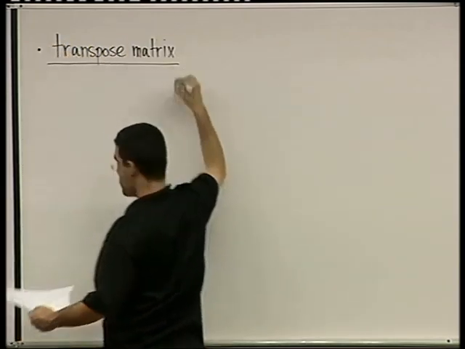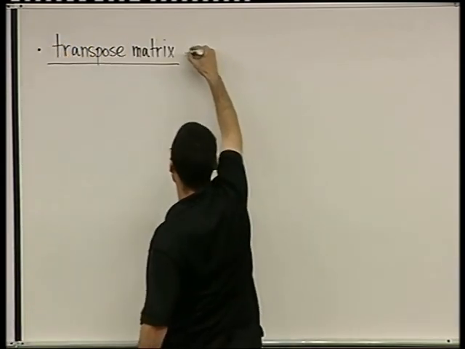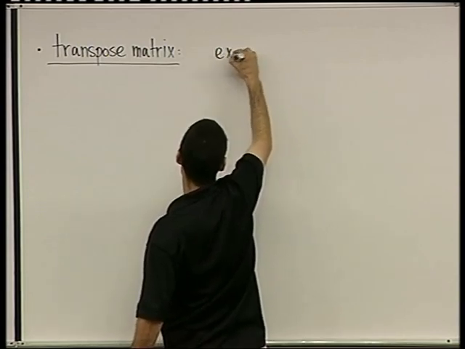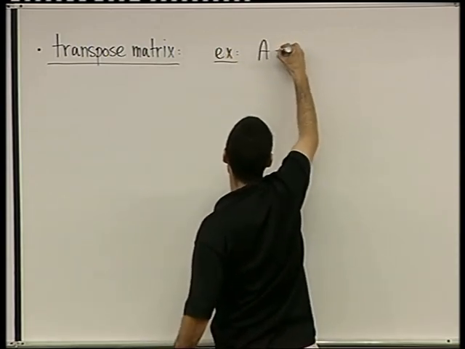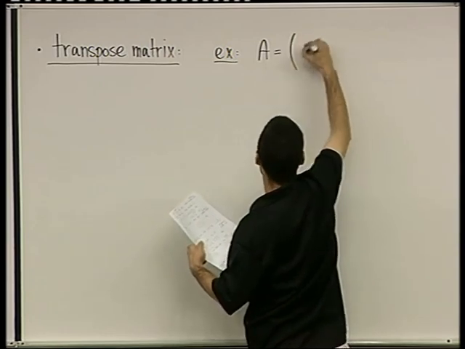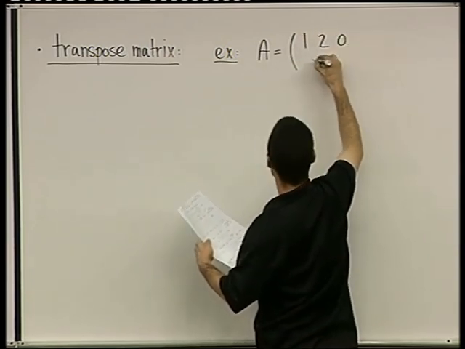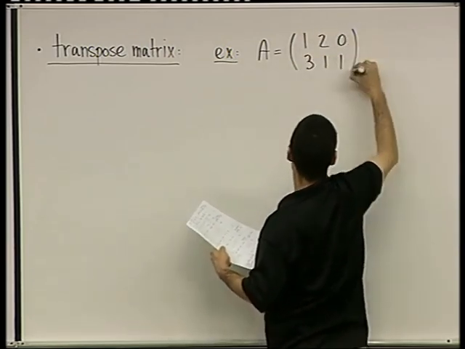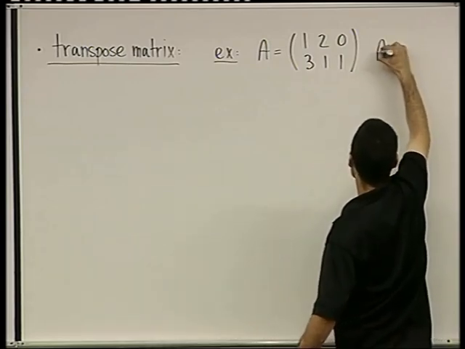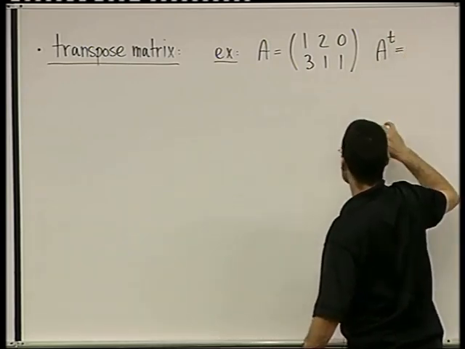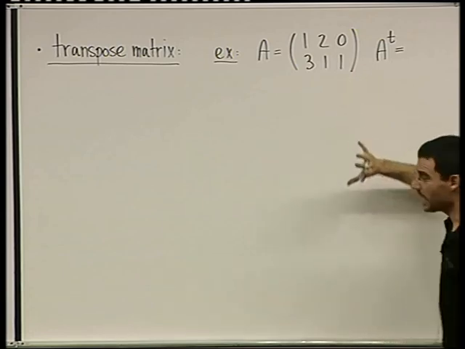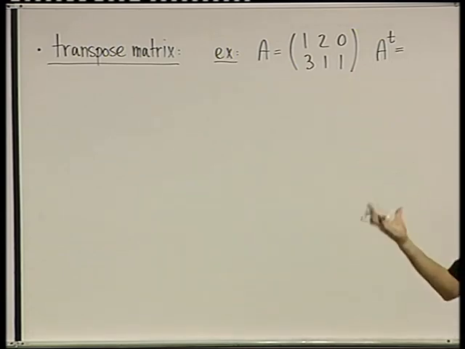A transpose matrix. Let me start with an example again. Suppose A is the matrix 1, 2, 0, 3, 1, 1. Then A transpose is a matrix where I replace the roles of the rows and the columns.